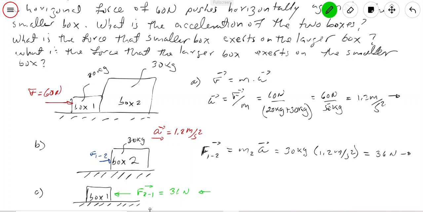So it will be a force pointing to the left, because it's the same magnitude and opposite direction of an action-reaction pair. So we found the force that the larger box exerts on the smaller box.